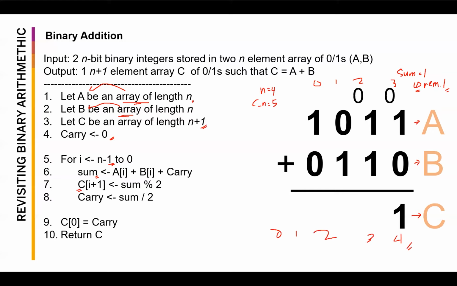We need to point at index 4 to indicate the rightmost bit of array C. That's why instead of just C of I, we use C of I plus 1. If we use C of I, we would be pointing at index 3, so it would write 1 there instead of at the rightmost bit.